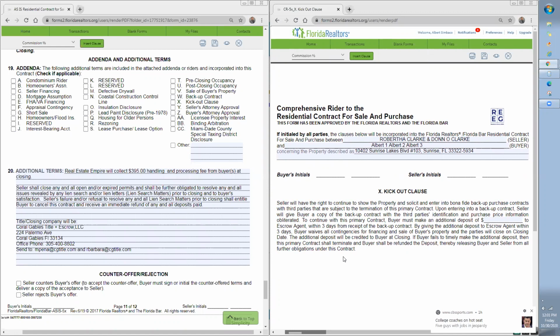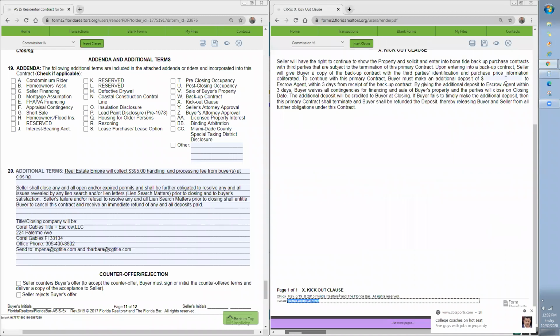But if during the time frame of our contract, we get another offer that is higher than yours, we have the ability to kick you out of first position and accept the higher offer. Unless you put an additional deposit of X amount of money. Let's say 2,500. Okay, it's already here, right?